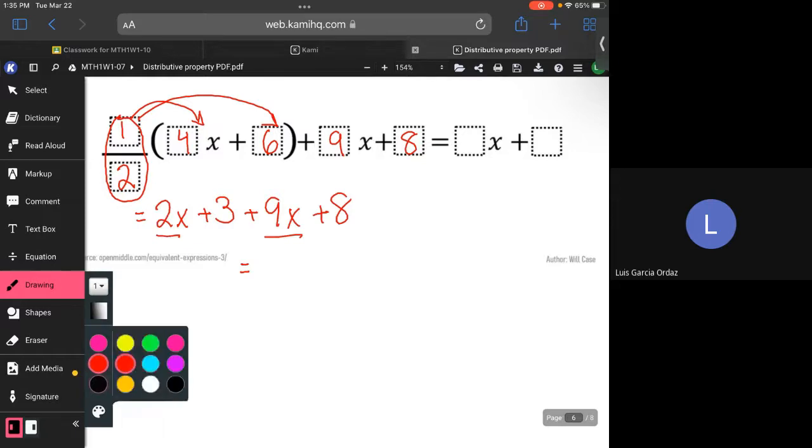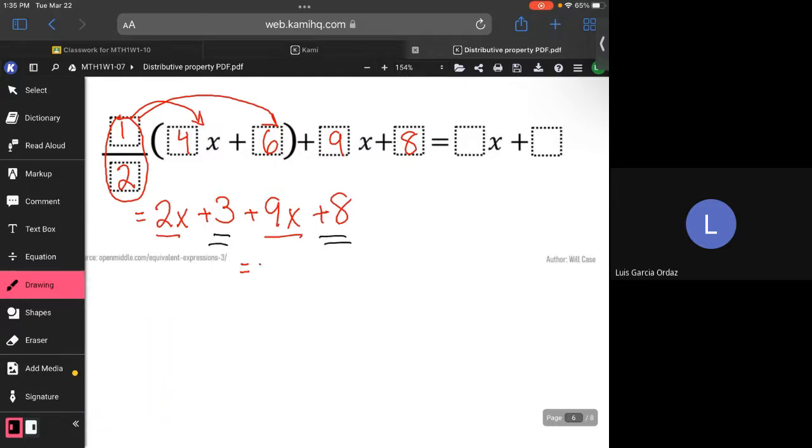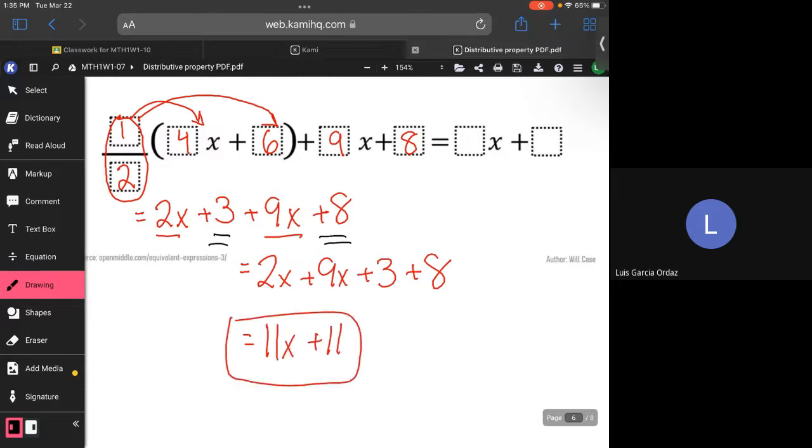Adam? 3 and 8. So I can write it as 2x plus 9x plus 3 plus 8. And what does that give me as my final answer? Claire. 11x plus 11. Perfect. 11x plus 11. That's a lot of ones.